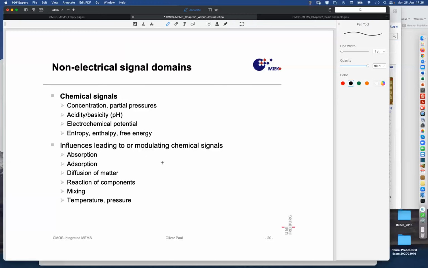And those volatile organic compounds, when they are depositing on or reacting with the surface, this reaction energy changes the temperature of some microstructure. Or they lead to a reaction that changes the conductivity of some material deposited on the surface of a chip.